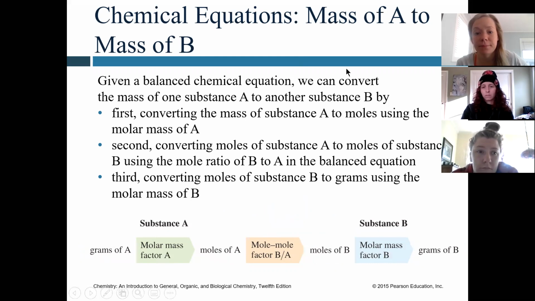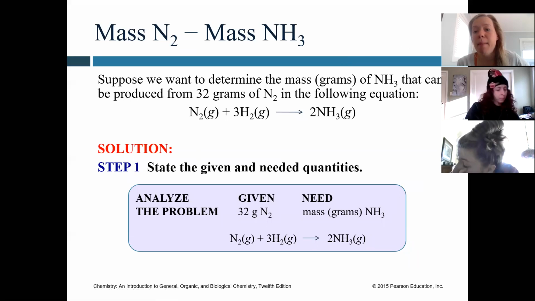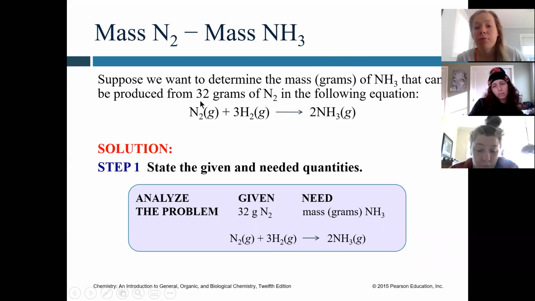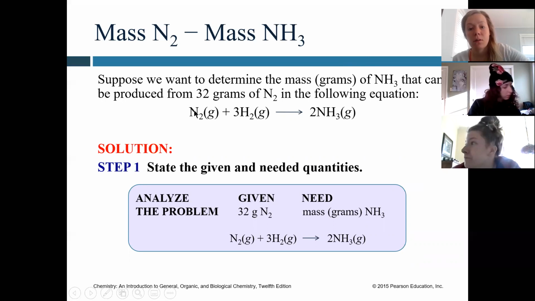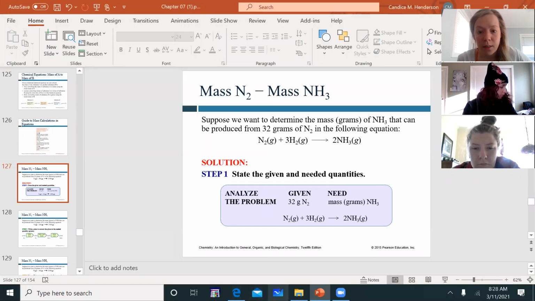Let's do one. Suppose we want to determine the mass in grams of NH3 that can be produced from 32 grams of N2. And here's the following equation. So I'm going to write this over here.